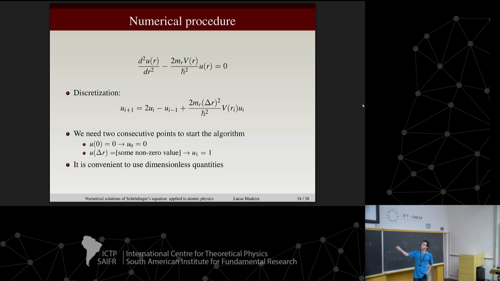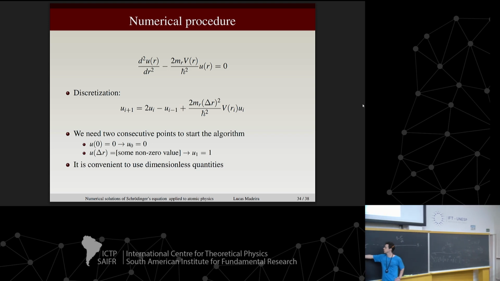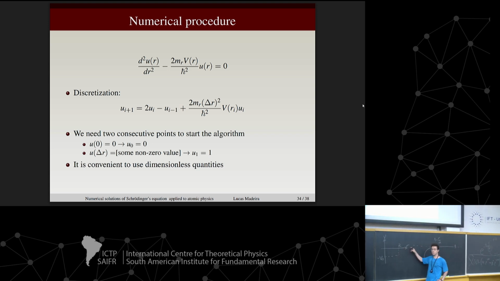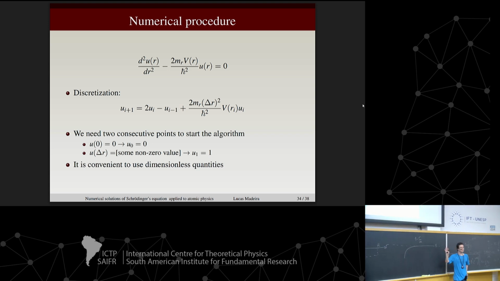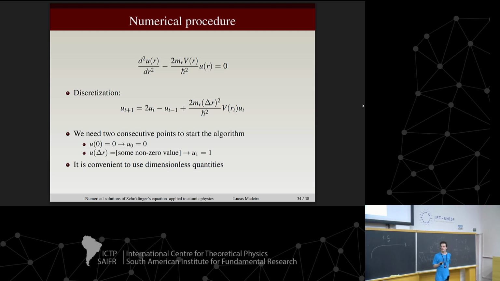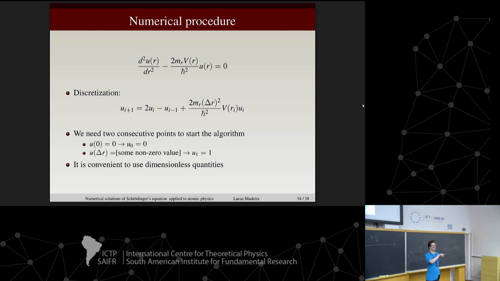Notice, this is much simpler than the one before because now I don't have the energy, I just have the potential. And the potential is going to have some non-zero value inside the range of the potential, but it's going to be 0 outside, okay? So from the technical aspect, it's much easier than the first project. The complication now is the physics. This has much more physics content than the first one. Okay?